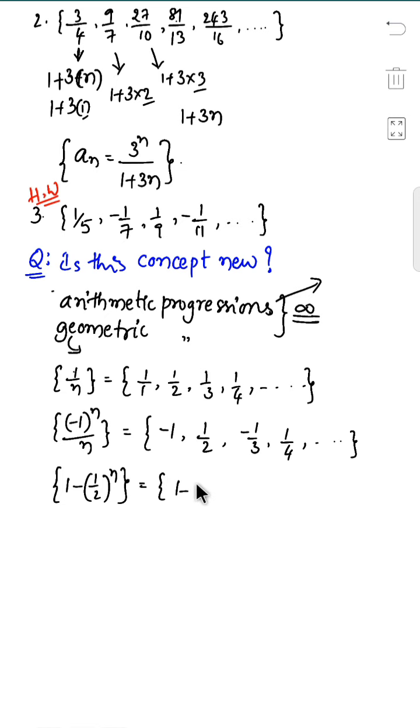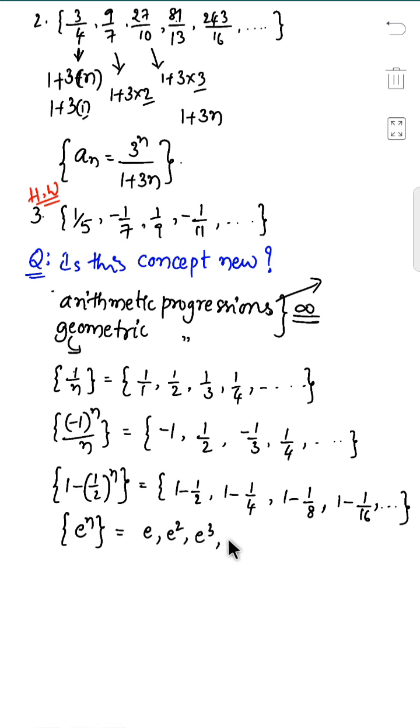So if n goes from 1 to infinity, it is 1 minus 1 by 2, 1 minus 1 by 4, 1 minus 1 by 8, 1 minus 1 by 16, and so on, right? So let's say e to the power of n, this is also another sequence: e square, e cube, e to the power of 4, and so on.